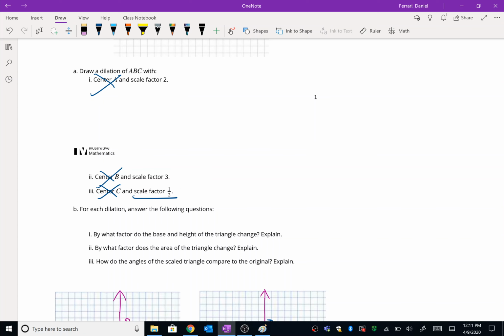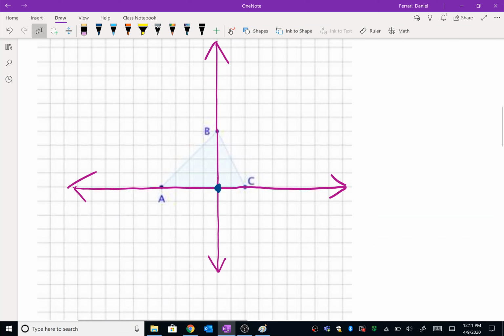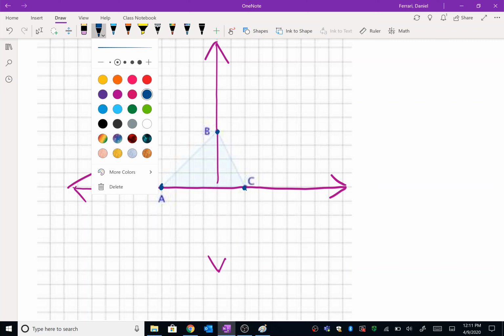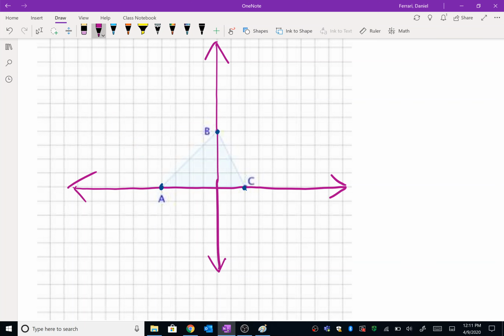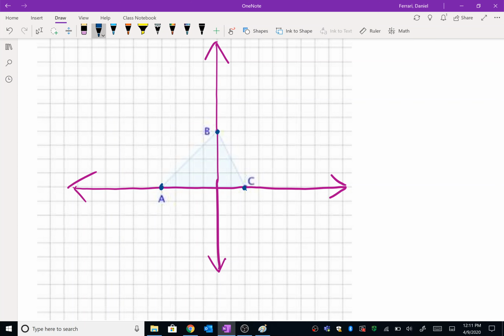Okay. So remember that when you take an object and you scale it by any scale factor, by any dilation factor, we're going to change the coordinates of these points. Let me get rid of this origin point real quick. Okay, so right now, let's figure out what are the coordinates of A, B, and C. Point A is going to be -4, 0.